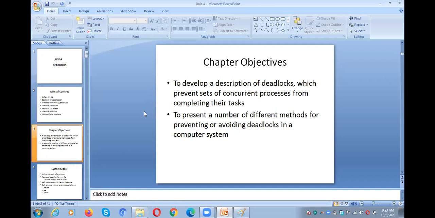First of all, what is the objective of this particular chapter? Deadlocks usually prevent the system's concurrent processes from completing their task. What are concurrent processes?